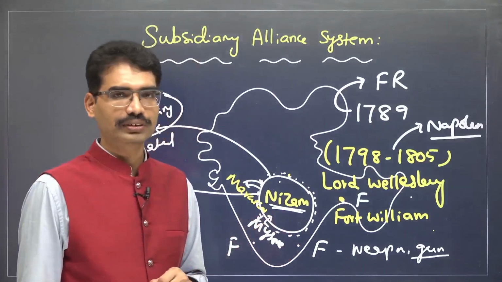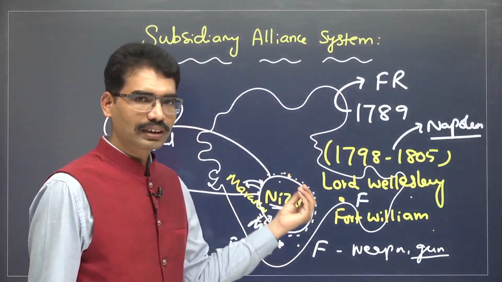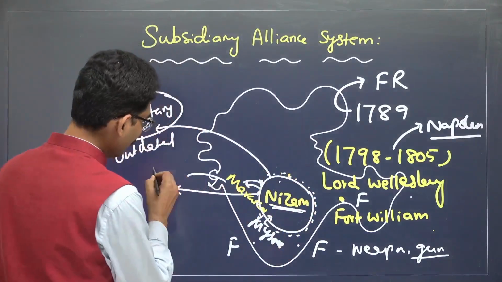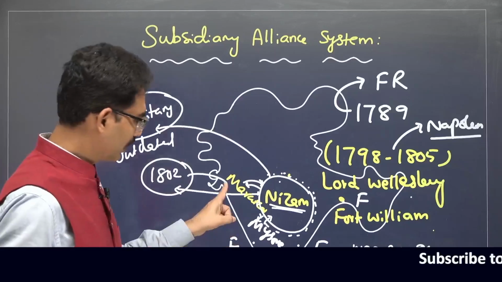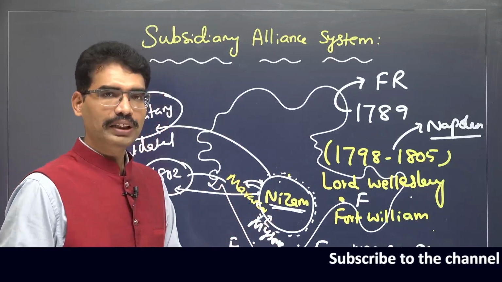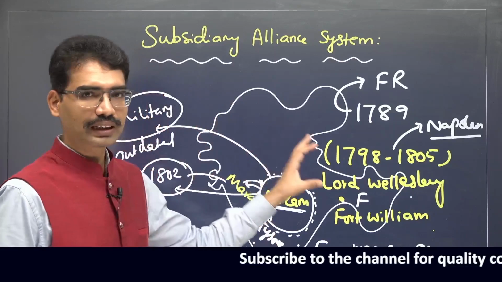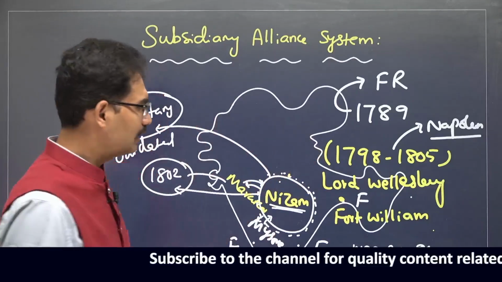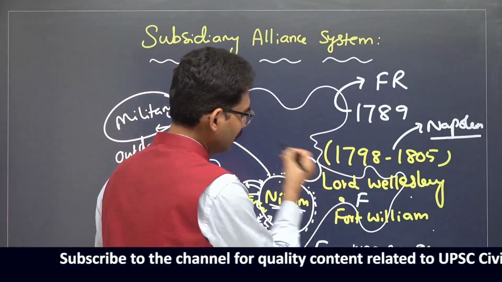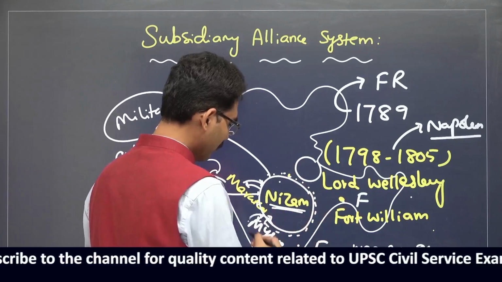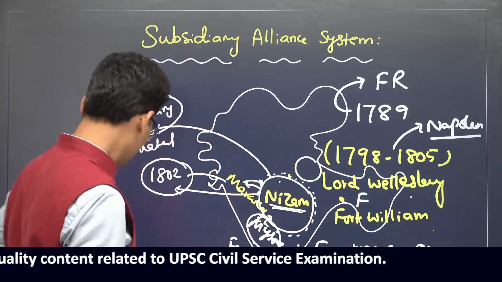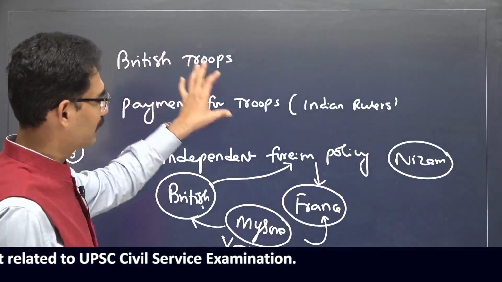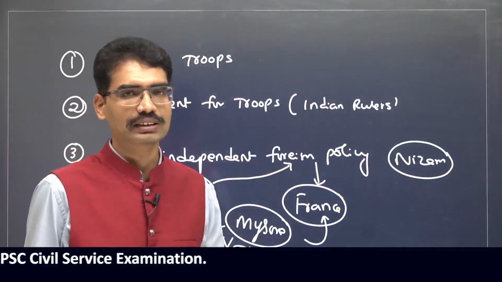The British will take care of external security. Now, the Marathas also, in 1802-03, the Peshwa also signed the subsidiary alliance treaty. In this way, Awadh, the Nizam, Mysore, the Marathas, many kingdoms signed this agreement.